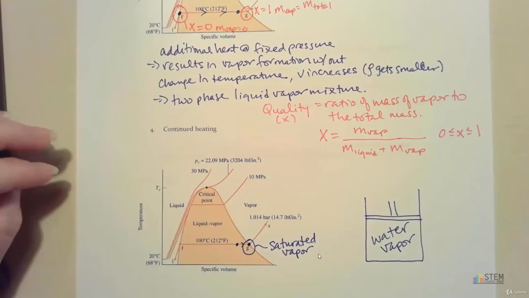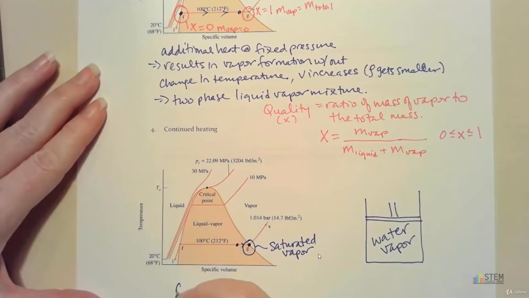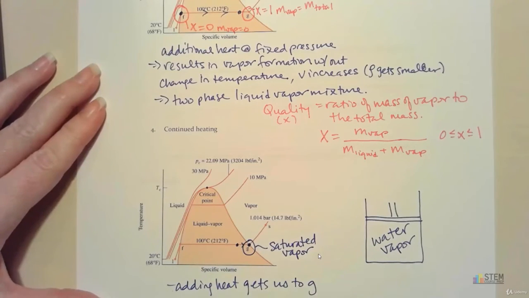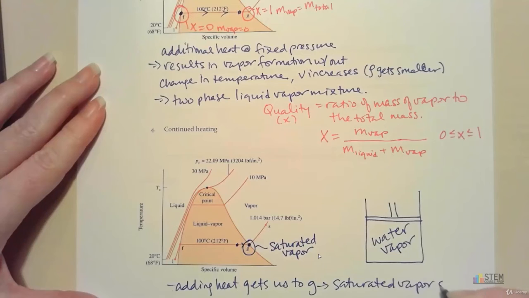Think about it that way. So we added heat, and that gets us to point G. This is the saturated vapor state. And like I said, if any heat is lost, condensation will start.